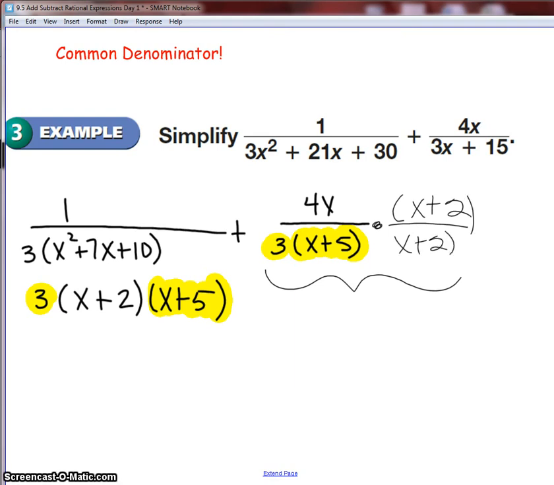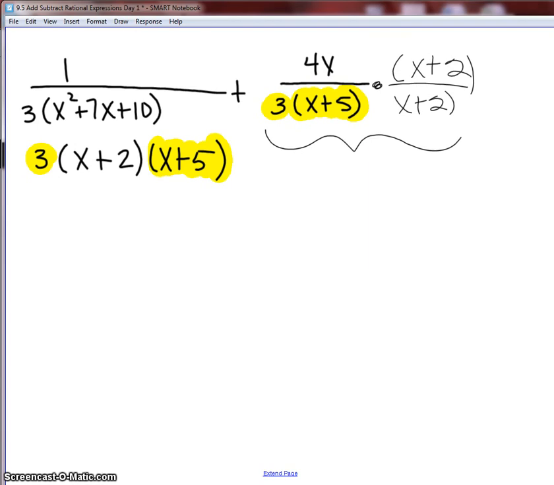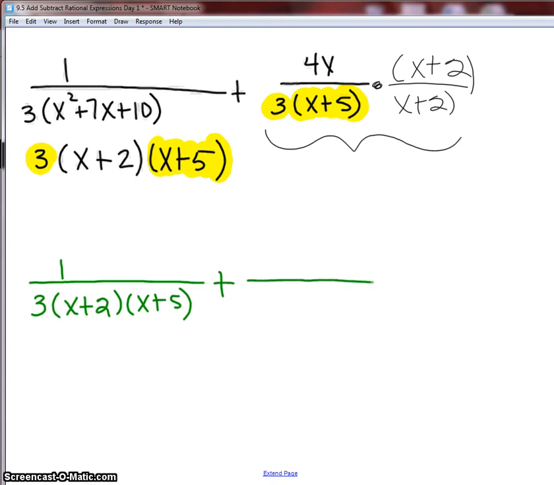So once we get to this part, we're going to just combine the numerators. This is the first fraction. The second fraction, after we get a common denominator of 3 times x plus 5 times x plus 2, remember this top part is being multiplied by x plus 2 also.